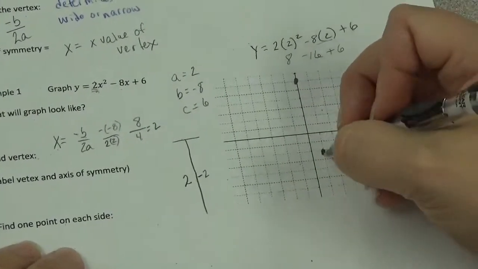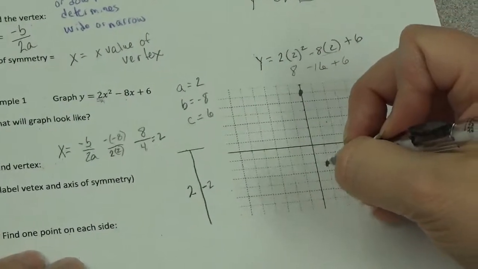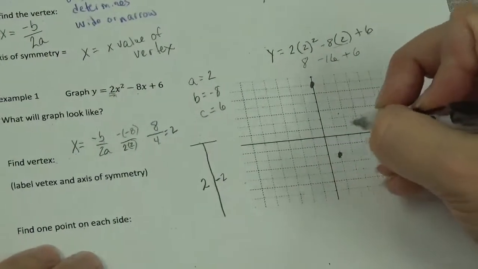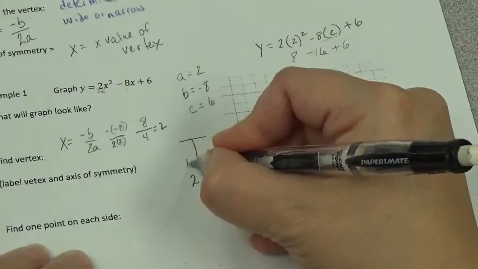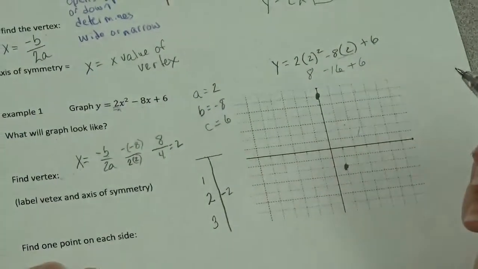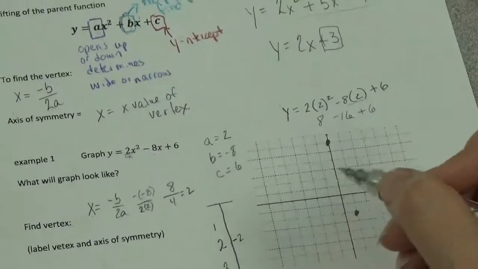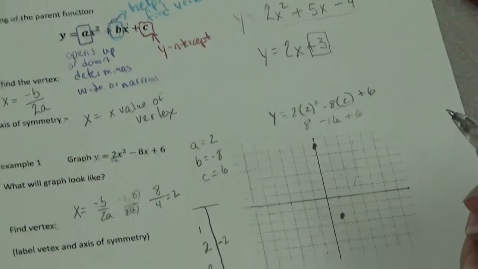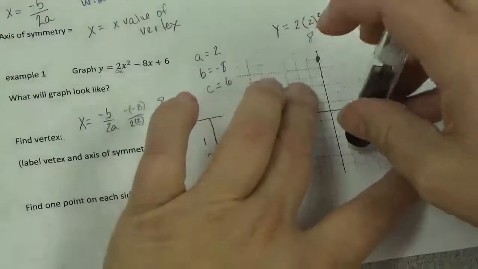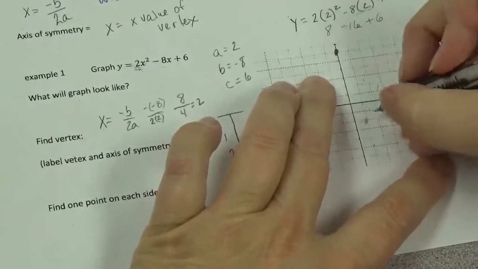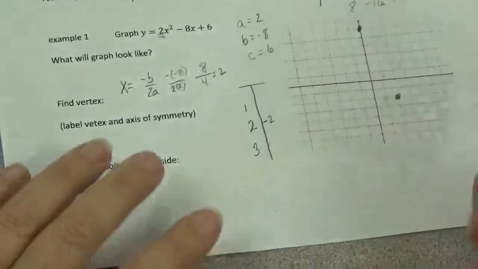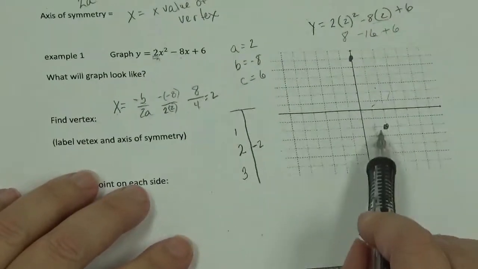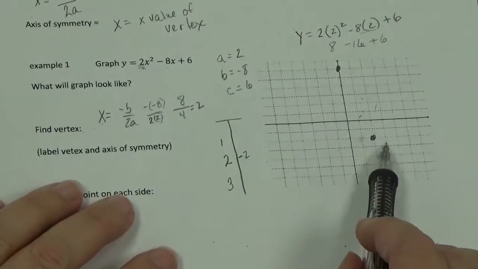Now, I know there's going to be some points over here, and there's going to be some points over here. So when I try more values for x, I want to try something smaller than 2 and something bigger than 2. Oh, whoops. Thank you. 2, negative 2 is right here. So I want to try something on the left of 2, something on the right side of 2.